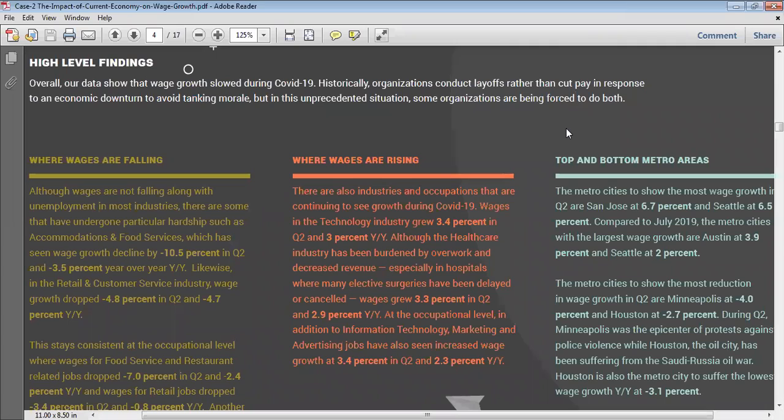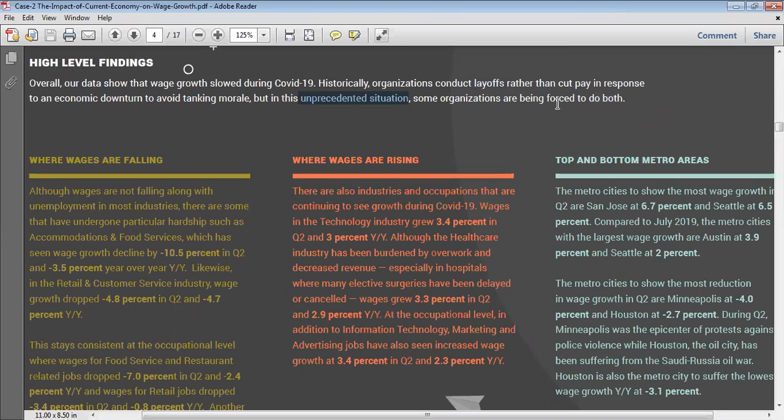They call it layoffs, meaning removing the employees. But in this unprecedented situation, some organizations are being forced to do both. So during this COVID-19 pandemic, some companies are removing employees as well as reducing the salaries of the existing employees. We have discussed the news articles from Times of India related to this.